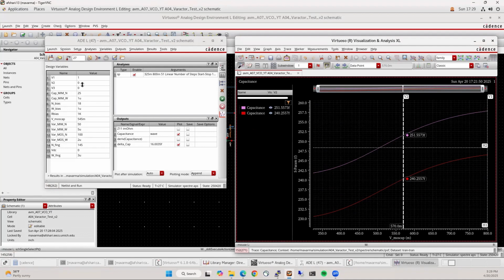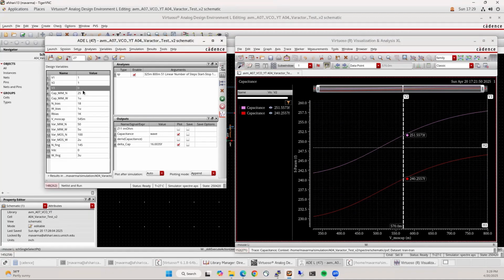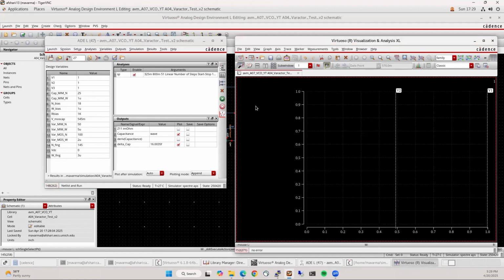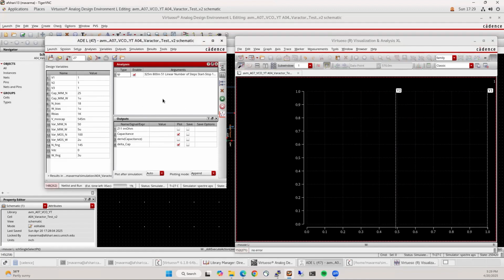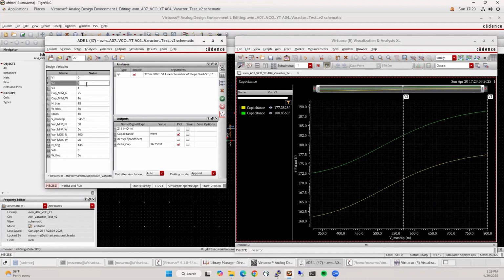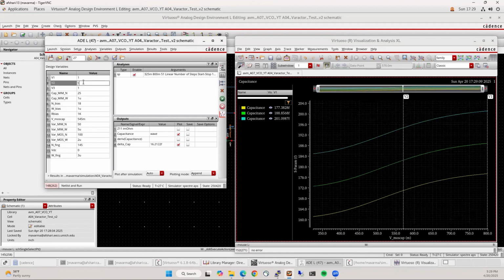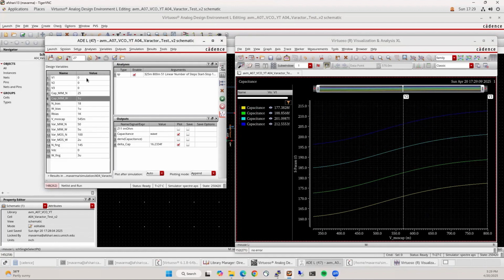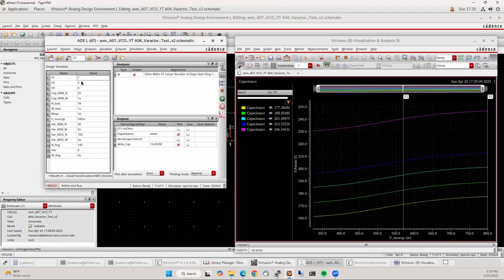So this is perfect. All right, so now what I can do is we can plot again all the capacitances and check. So this is the 0 bit. That's the first state. Next. That's the next state. Oh, oops. I think I went too high.